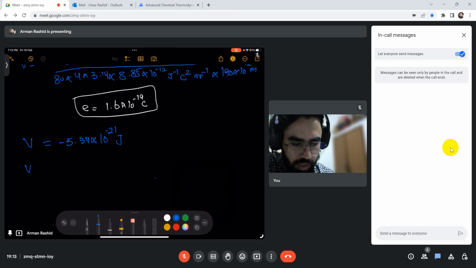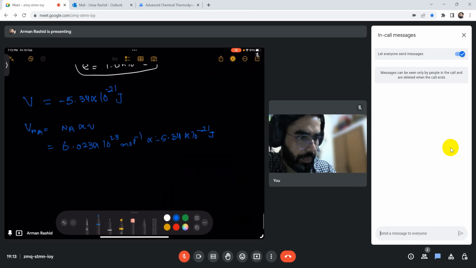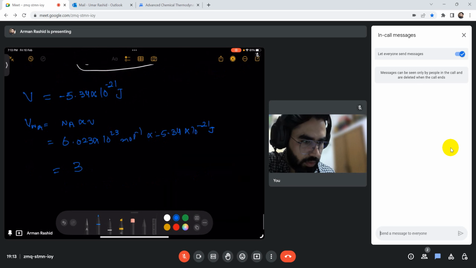So for 1 mole we have to multiply by Avogadro's number, 6.023 × 10^23 per mole, into minus 5.34 × 10^-21 joules. So the total will be minus 3.22 kilojoule per mole.